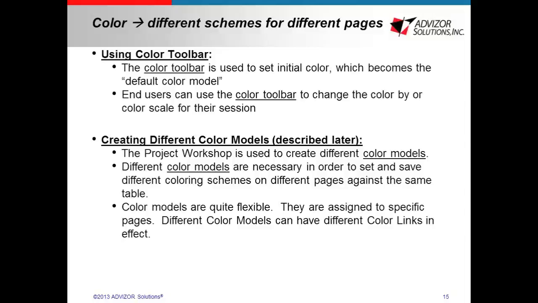So in my example, I'm going to show you an annual fund project where you mostly care about your prospects, so you're going to color by giving segmentation, but then you also have a lot of appeals information. So maybe you want to color that section differently by some color related to the appeals. Color models are very flexible, and you can assign them specifically to each different page.